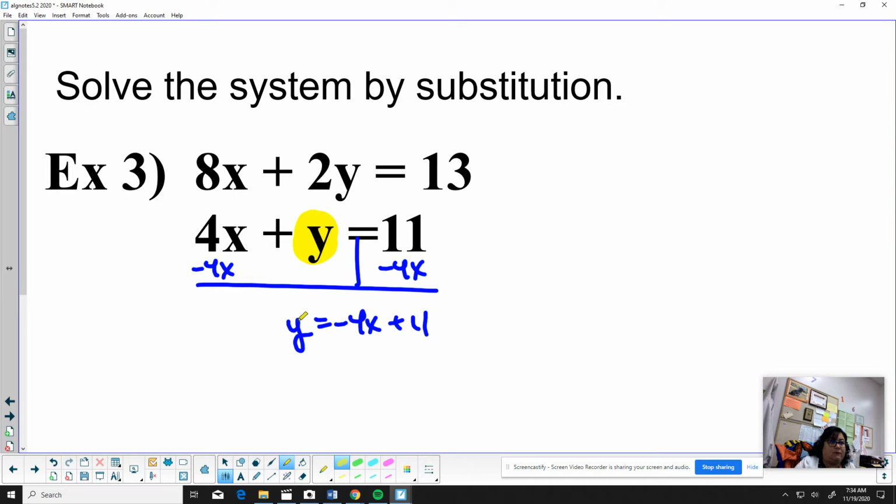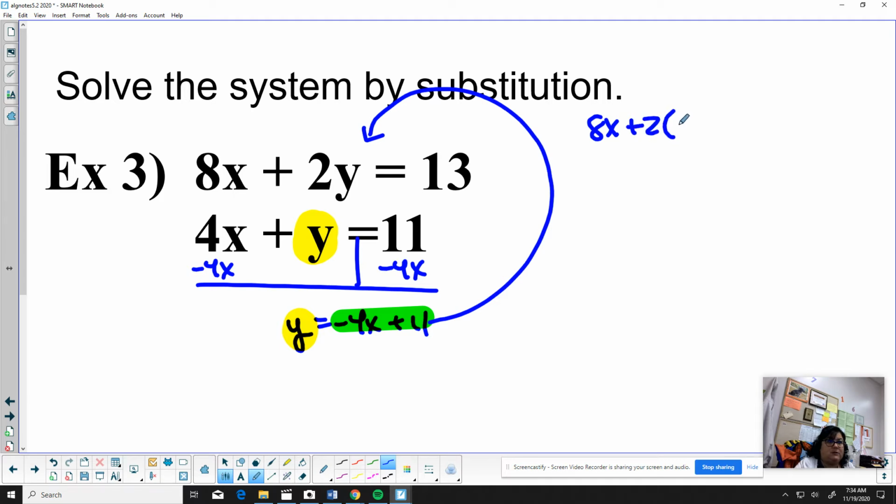So now I'm solved. I've got y equals all of this. In the other equation, I'm going to put this green part in for y. So 8x plus 2 times the quantity, negative 4x plus 11 equals 13. Now I'm going to use my solving skills and distribute.